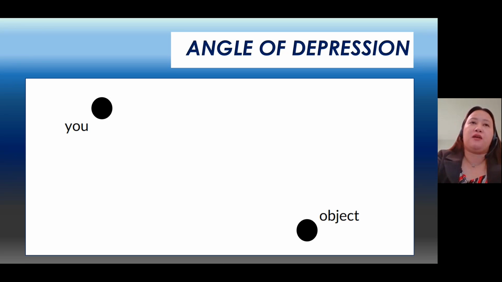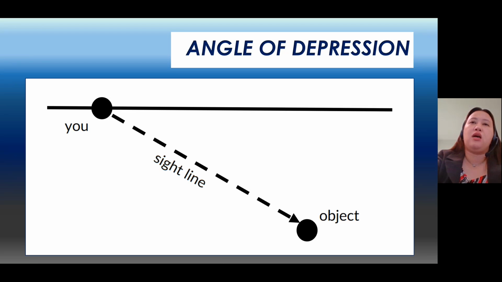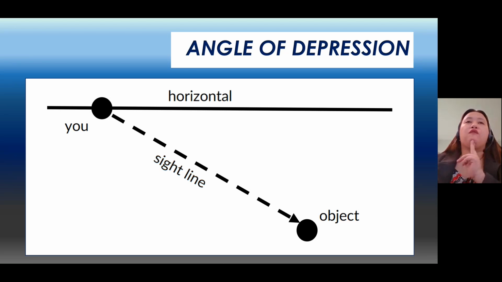In the angle of depression, we have the sight line while you are looking at an object that is below you, and the same horizontal. The horizontal is again the normal position of your face. If you look down from the horizontal, looking at something below you, the angle of depression is formed.